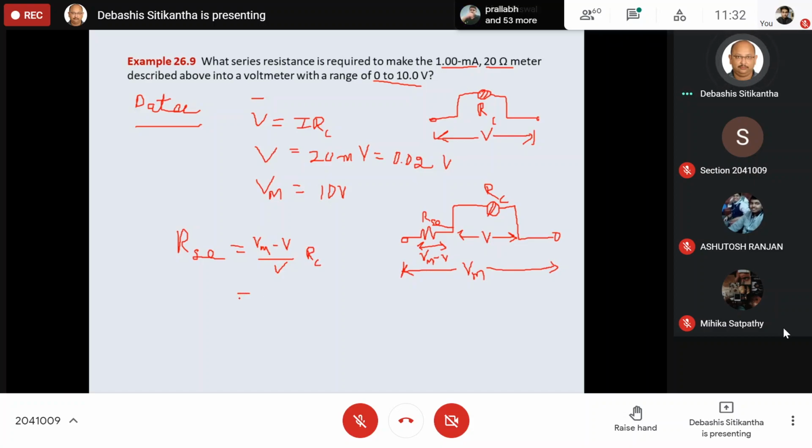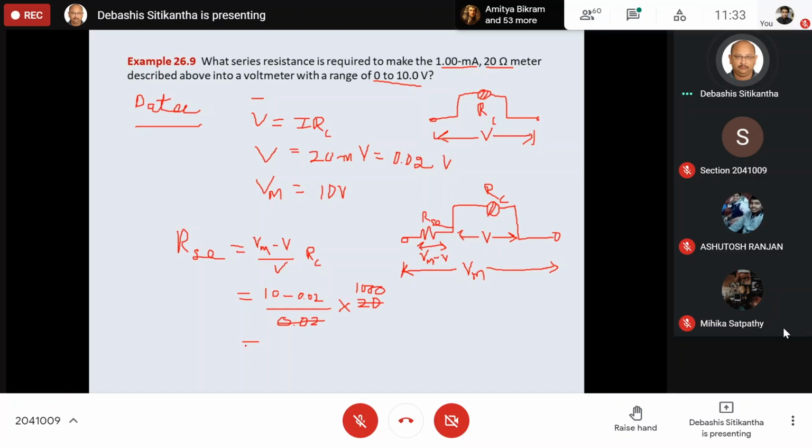I hope right now you people can do it. So (10 minus 0.02) divided by 0.02 multiplied with 20. These two cancel out and it becomes how much? 100, or 1000, sorry, 1000.